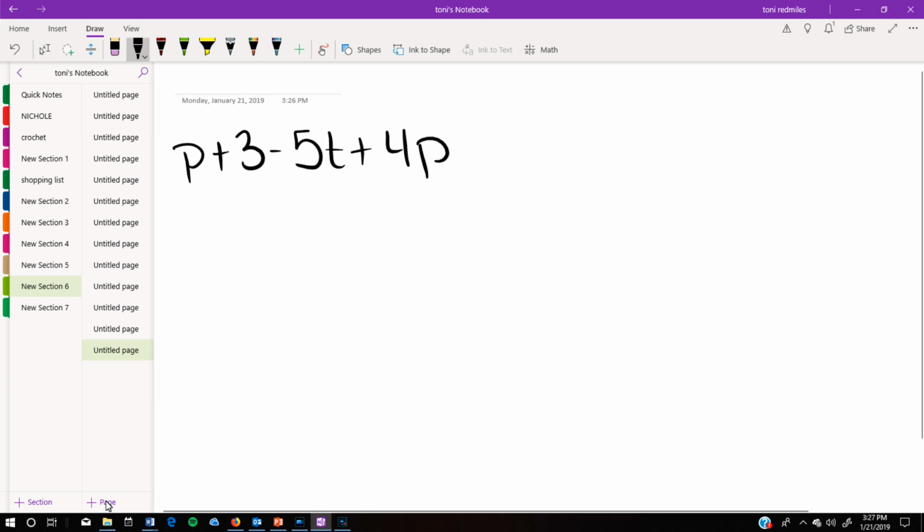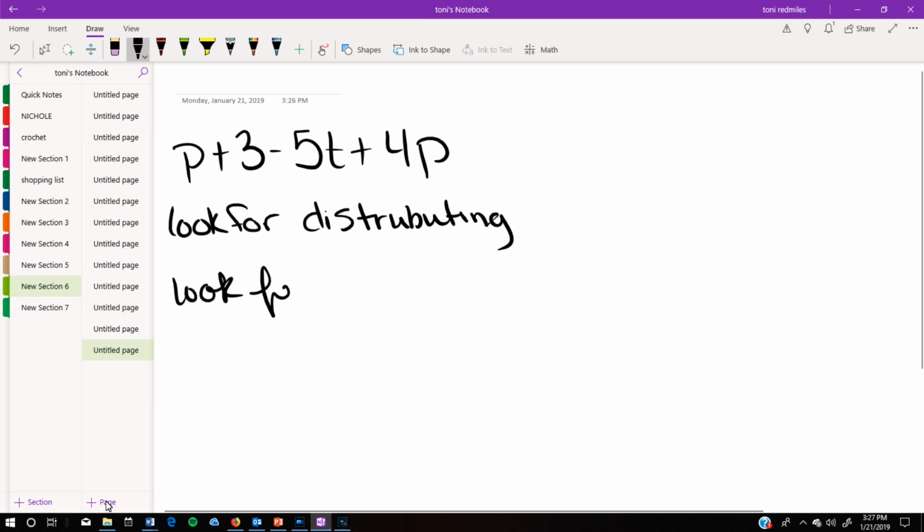Okay, so if I was explaining this to Jane, I'd say, look for distributing. I don't see any distributing, so I'm going on to the next step. Look for like terms. Well, I do have some like terms.